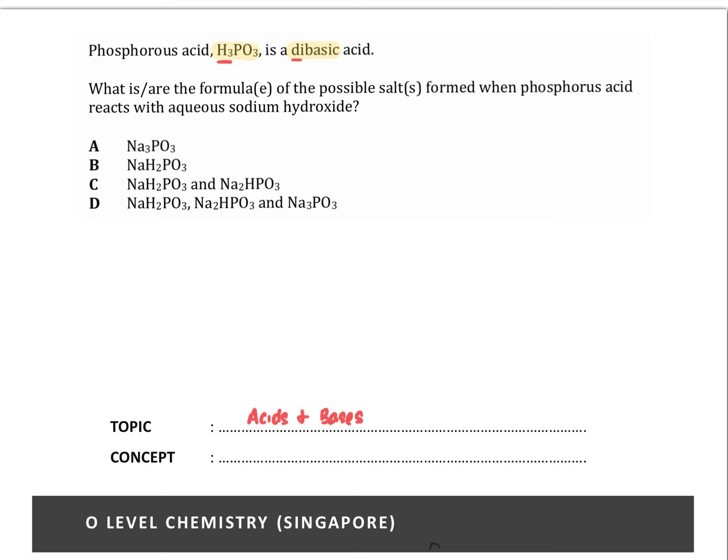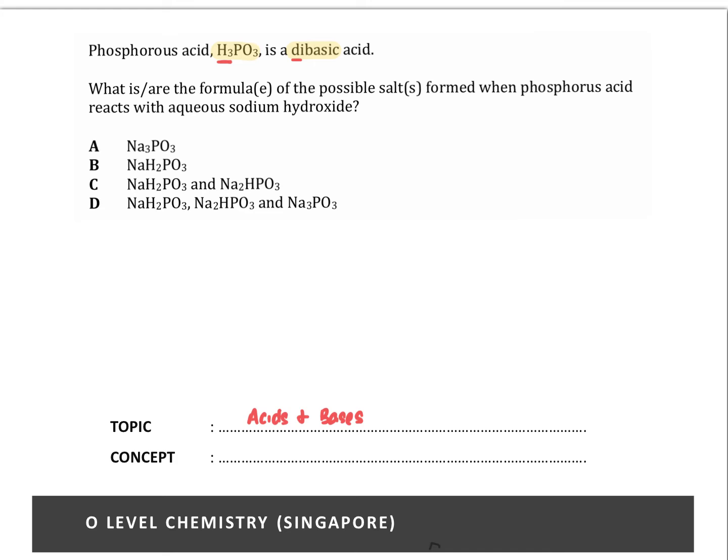However, while it's more often than not that all hydrogen atoms in the formula are capable of forming ions, it's not always the case. So in this case, since the question tells you that phosphorus acid is a dibasic acid, it means that in phosphorus acid, only 2 out of 3 hydrogen atoms are capable of forming ions.